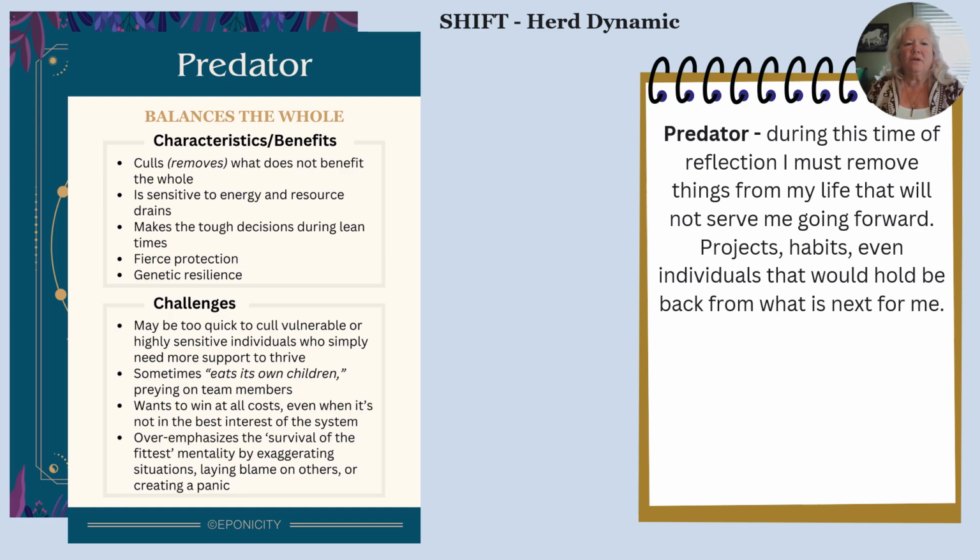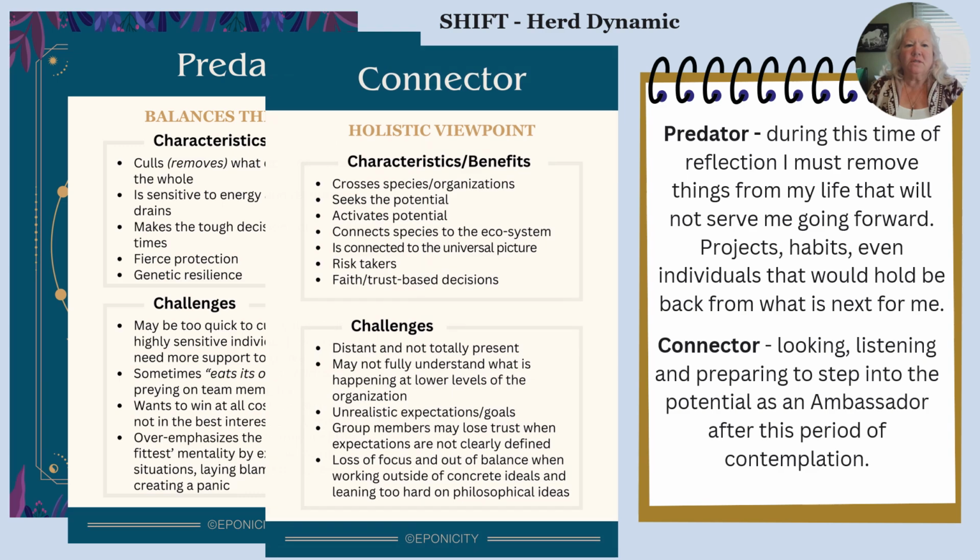And then the other energy that feels like it's coming through is the connector energy, which is the holistic viewpoint of what's happening all around me, and crosses species and organizations. It seeks potential, activates potential, connects the species to the ecosystem, and it's connected to the universal picture, risk takers, and faith-based decisions.